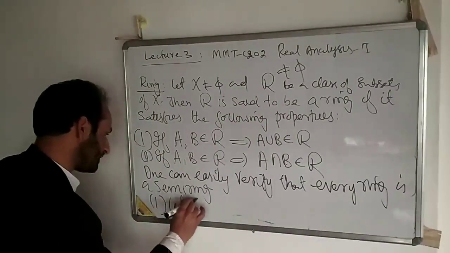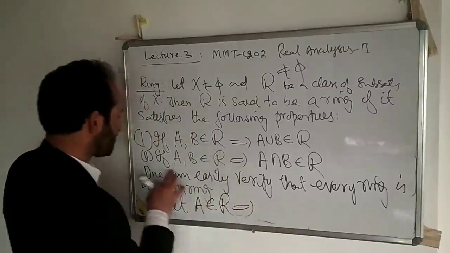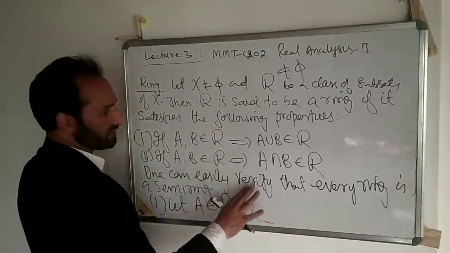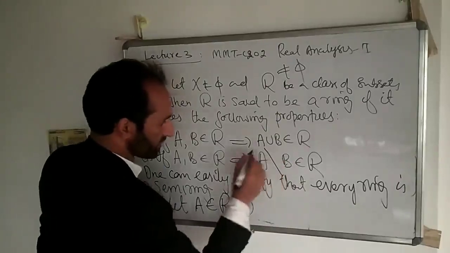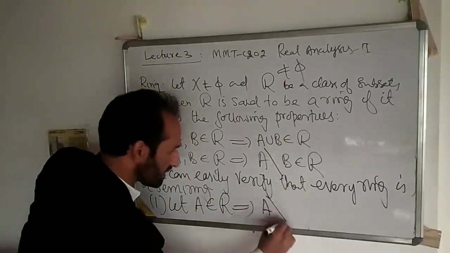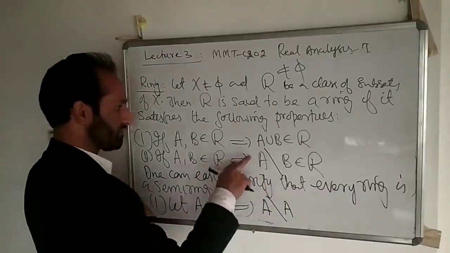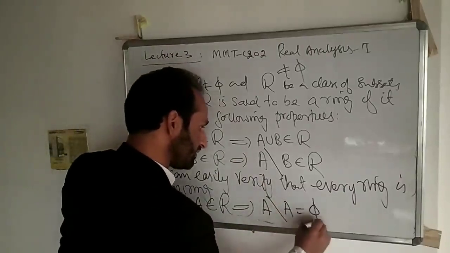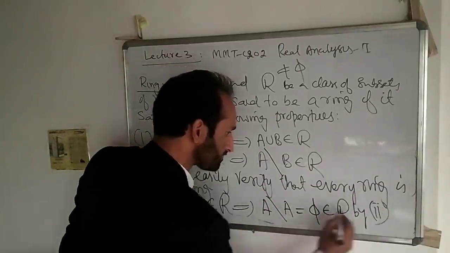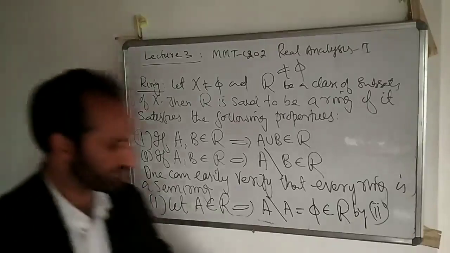So let's choose A belongs to R. Then by the second property, whenever A and B are in R, their difference is again in R. This implies A minus A equals phi belongs to R. So this proves the first property of semi-ring.